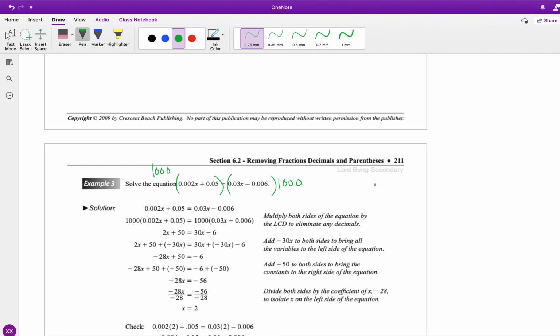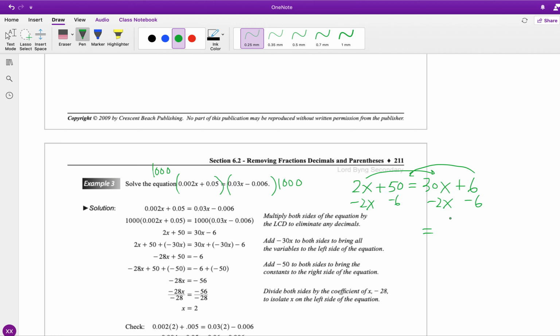1,000 multiplied by that becomes 2x. 1,000 multiplied by that becomes 50. Well, you have to have a better number sense. Now this one, 30x, and that one, 6. In this case, move this 2x to the other side, subtract 2x, and move this one to this side, subtract 6.